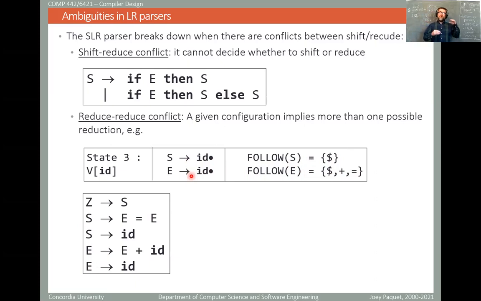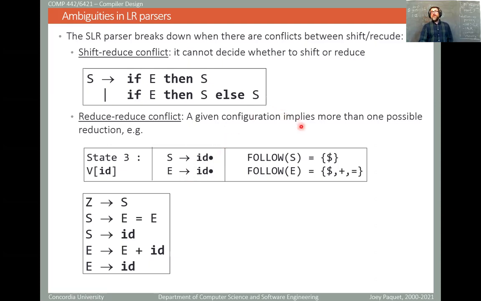So anytime you want to introduce a shift or reduce action in the same cell, in this case two reduce actions, then that's a conflict. So in this case, a reduce-reduce conflict.